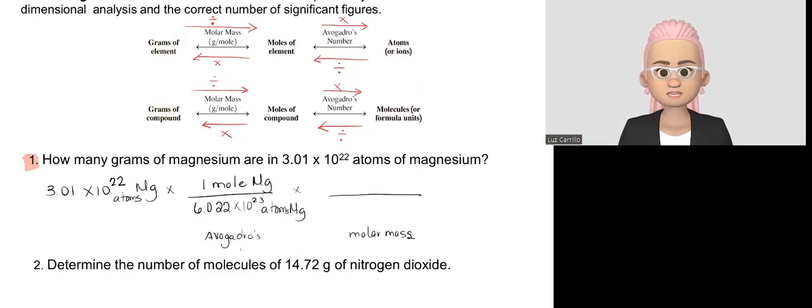So that means that we already covered the first conversion factor. And in the next one, we have to multiply by the molar mass. So that establishes that in the bottom, I'm going to do 1 mole of magnesium. And on the top, I'm going to put the molar mass of magnesium.